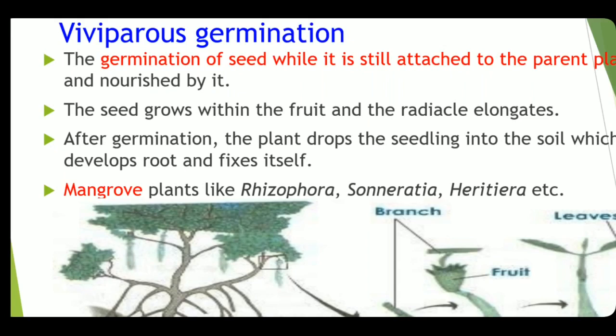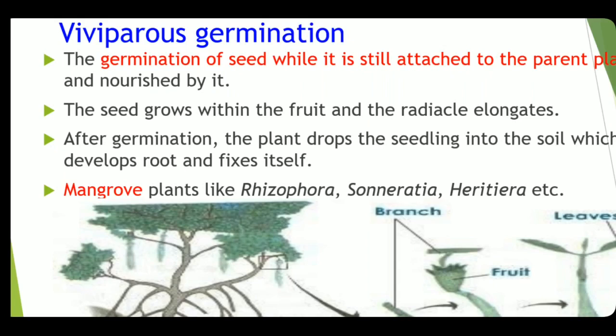The first structure that comes out of the germinating seed is the radicle. The radicle comes out and grows longer. When it grows longer, it needs nourishment, so it gets its nourishment from the cotyledon and from the fruit itself.